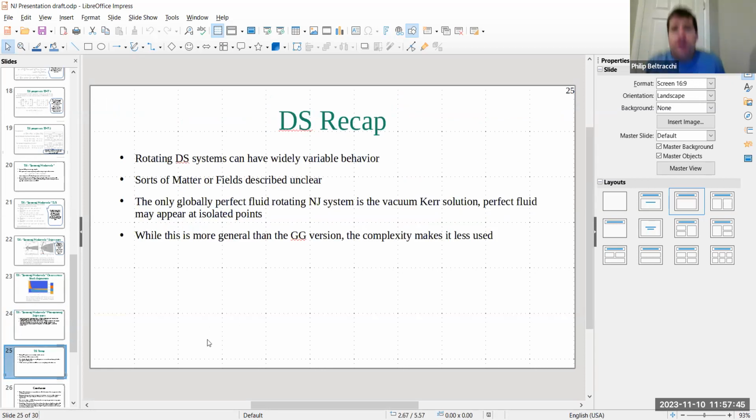As a recap of the Drake-Szekeres method, they can have wildly variable behavior. Even from vacuum space as our seed system, we can get a rotating space-time which features complex conjugate eigenvalues. So the sorts of matter and fields described by the rotating space-time is unclear.